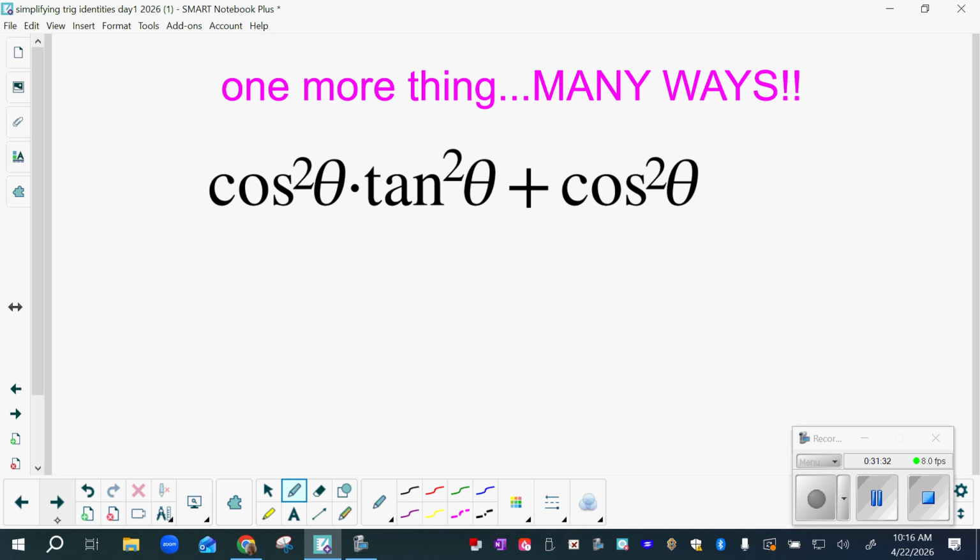I think the easier way to do this problem is to rewrite the tangent, do a little cancel action, and then see what you have left over. But I did it by factoring, the hard way. I took out the cosine and the cosine, and it was much harder. Don't do it my way. Do it a smart way. Give it a try, and I'll tell you what the answer is in a minute, and I'm going to give you your homework.